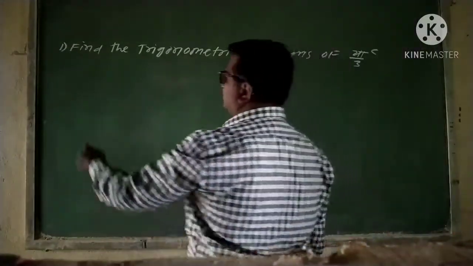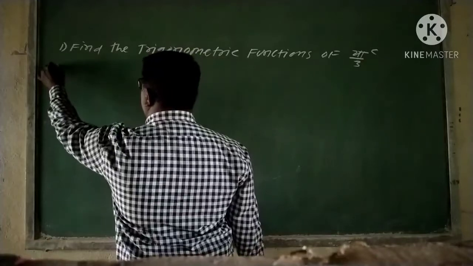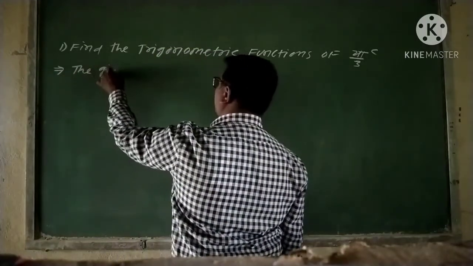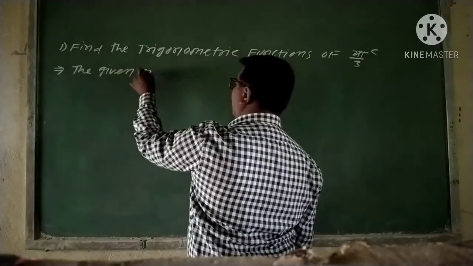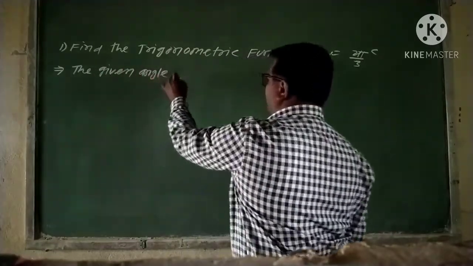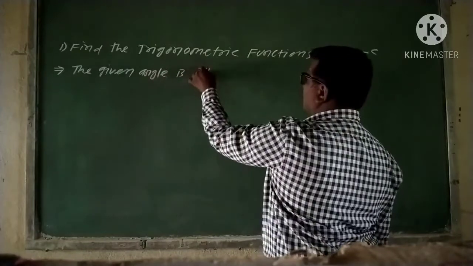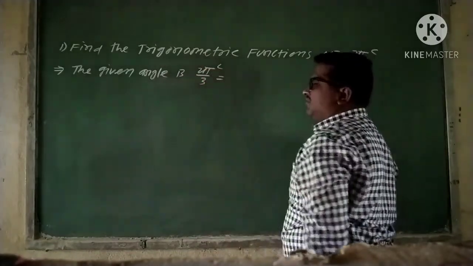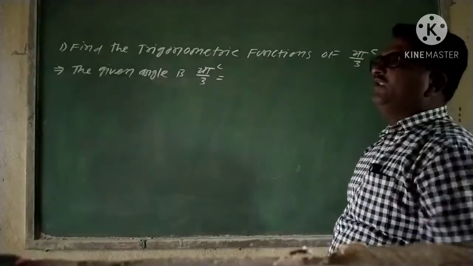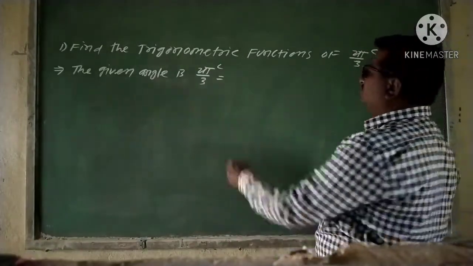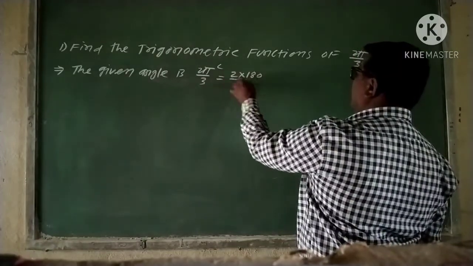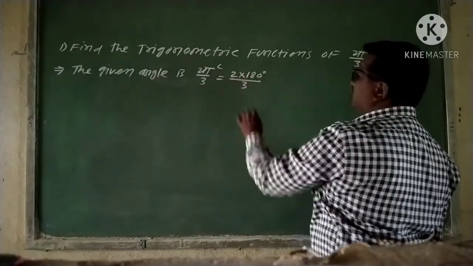Now here the given angle is 2 pi divided by 3 radian, so we can convert this angle into degrees. It is equal to 2 multiplied by 180 degrees divided by 3.